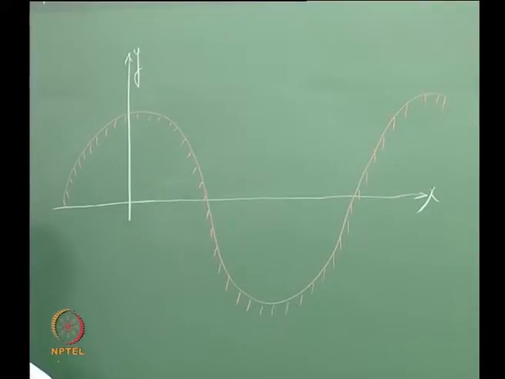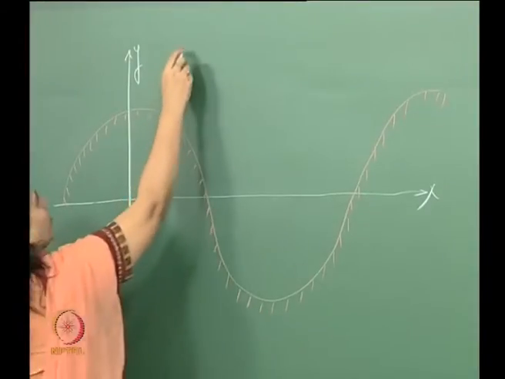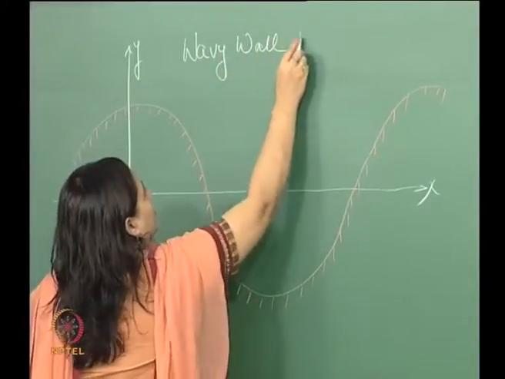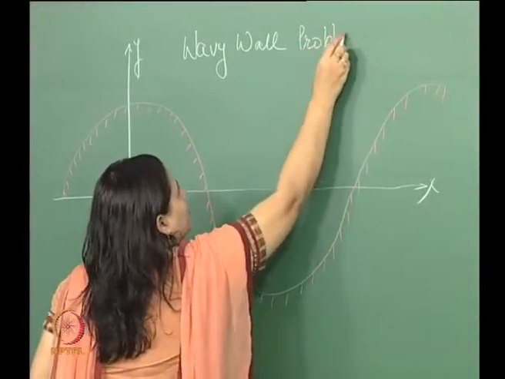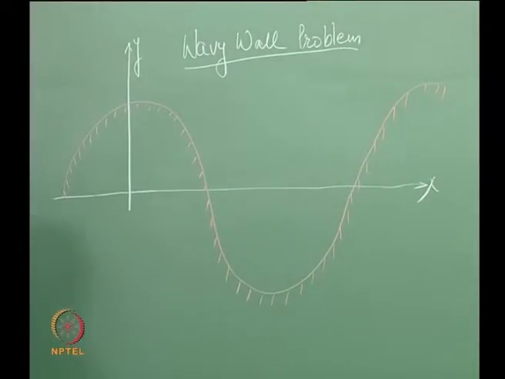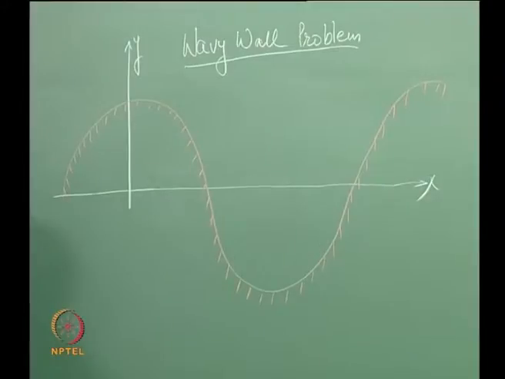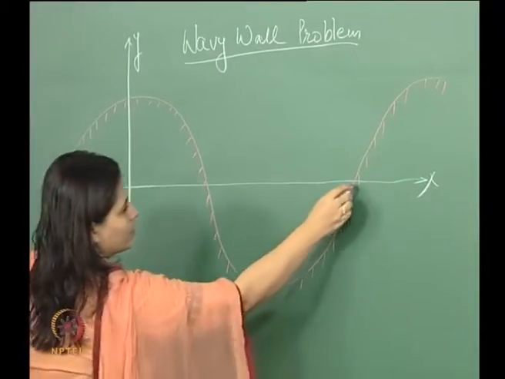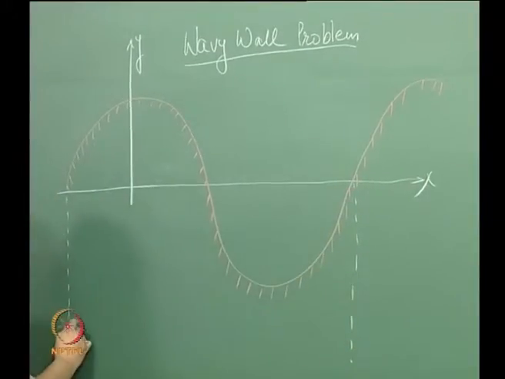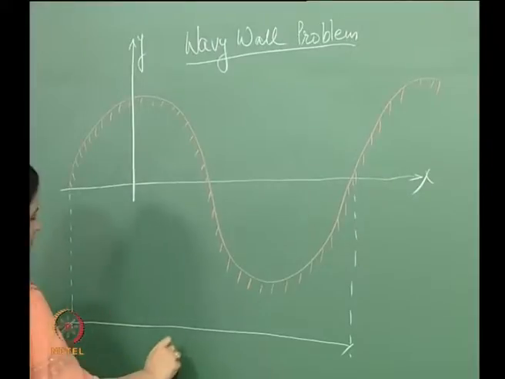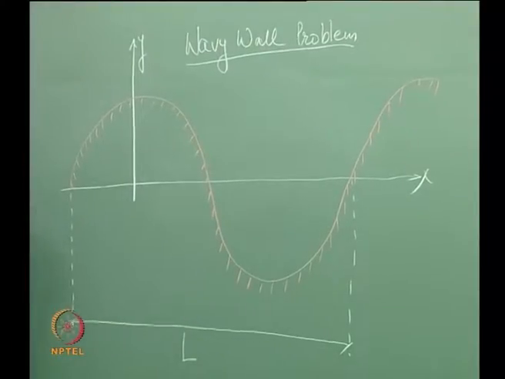Okay, so what we have here is called the wavy wall problem. Let's call this L, which is the wavelength.